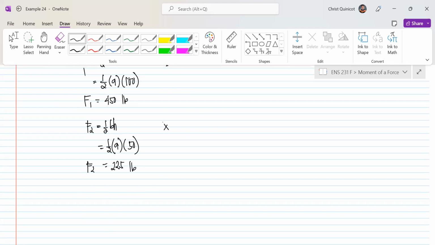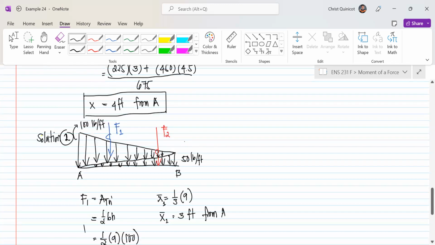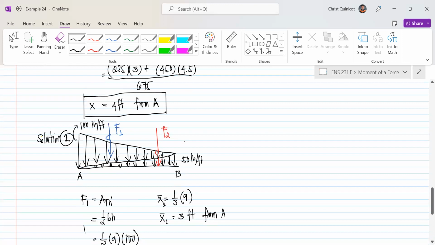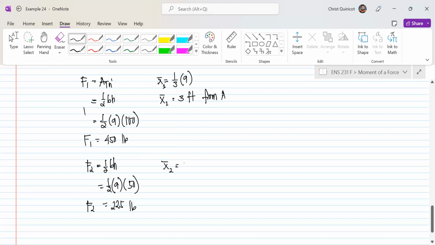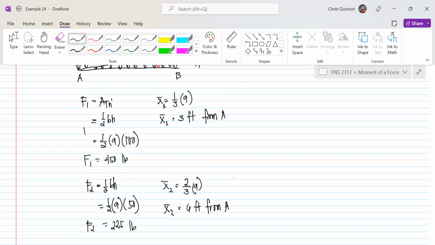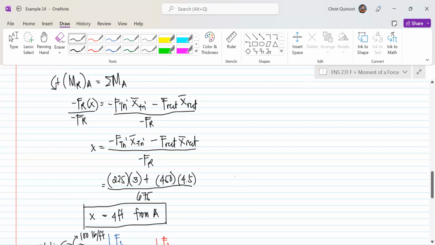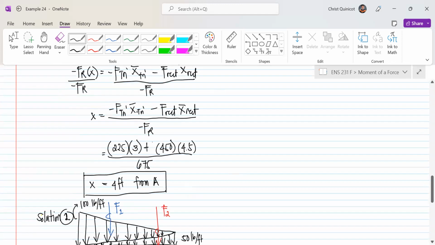And our bar x2. Take note, if we want to measure it from A, that is now the tip of our smaller triangle. So this becomes 2 over 3 times 9. So bar x sub 2 is equal to 6 feet from A.